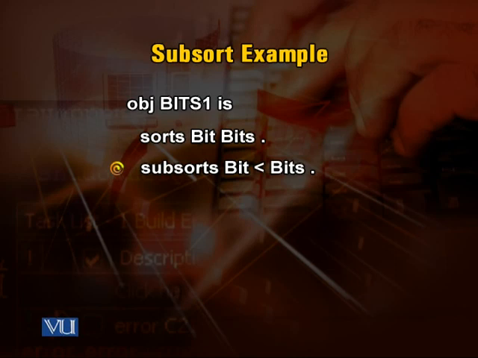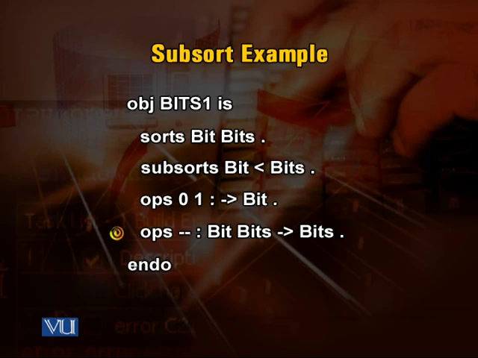And we have this OPS, two operations, 0 and 1, they give us bit. And then we have this op, and we are not defining the op, but we are saying there is this op which can take a bit and bits, and it gives us bits. So here what we have said is that bit is a subset of bits.